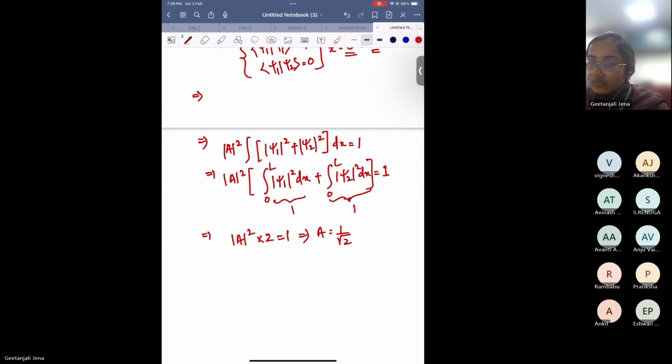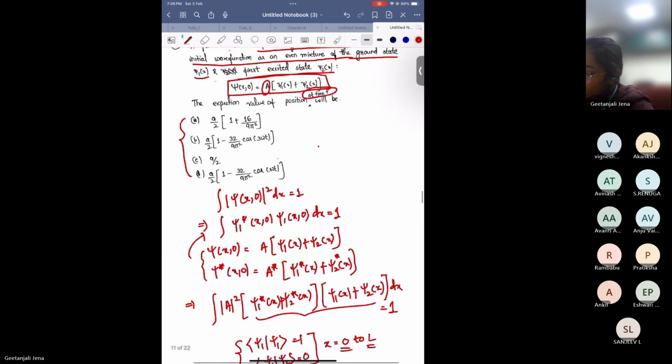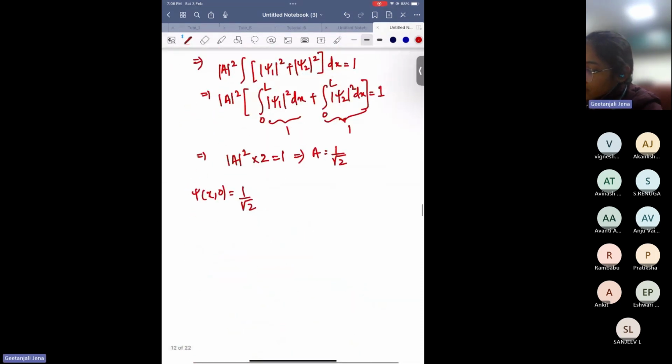So psi of x0 will be 1 by root 2 times psi1x plus psi2x.